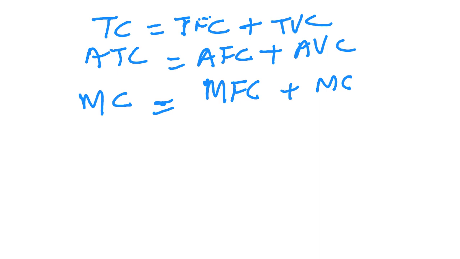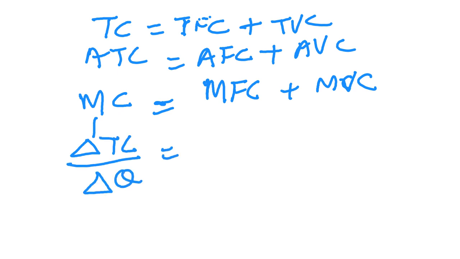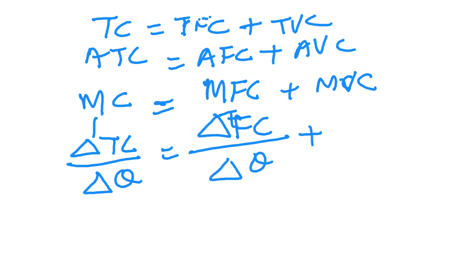What is marginal cost? Marginal cost is change in total cost divided by change in output, equal to what is marginal fixed cost? Change in fixed cost divided by change in output, plus change in total variable cost divided by Q.